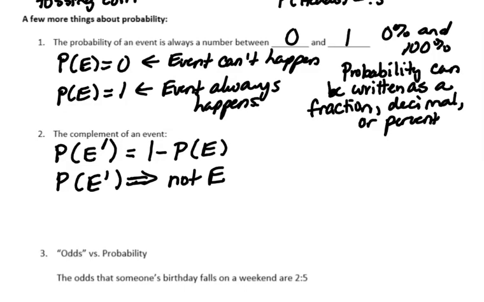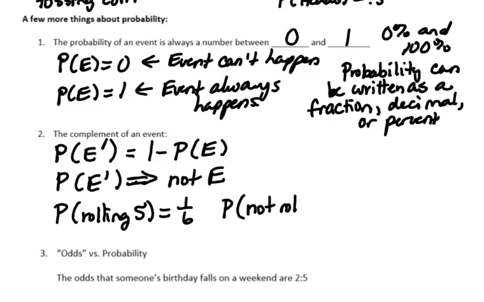So let's look at an example. Let's say the probability of rolling a 5 is 1 out of 6. So the probability of the complement of that would be the probability of not rolling a 5. What's the probability of not rolling a 5? Well, it's going to be 1 minus 1/6, which is 5/6.